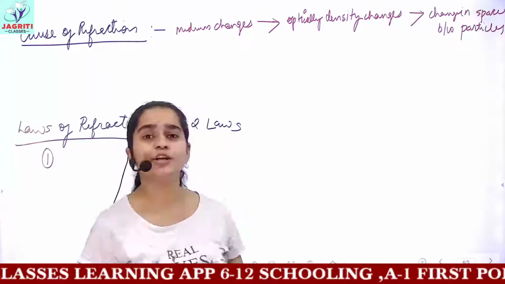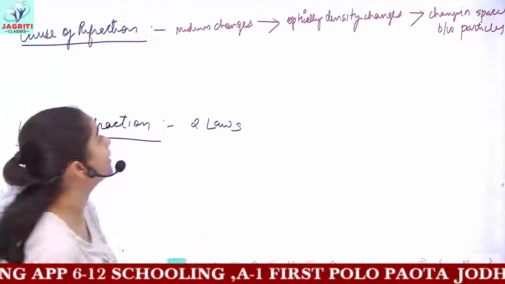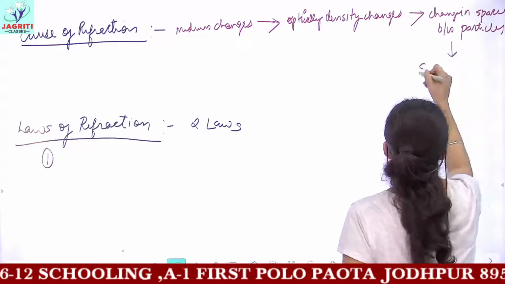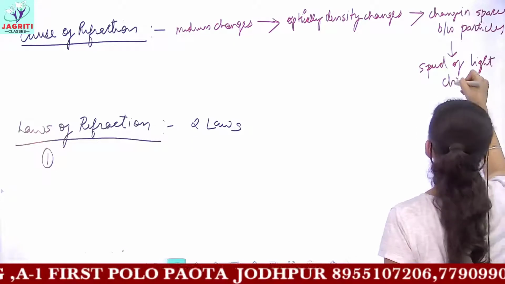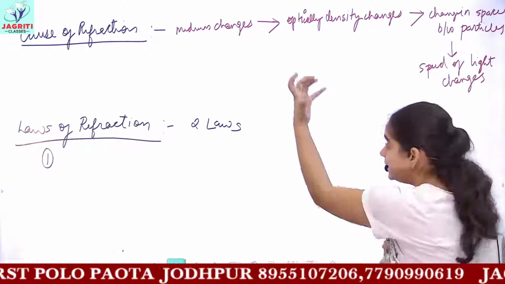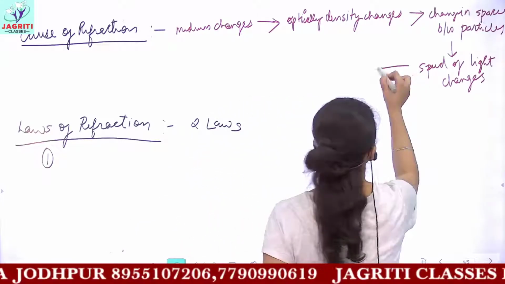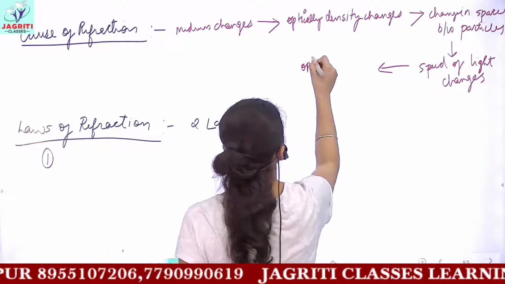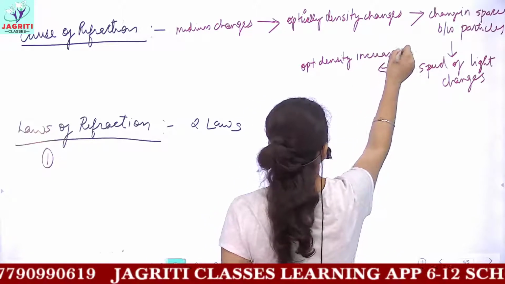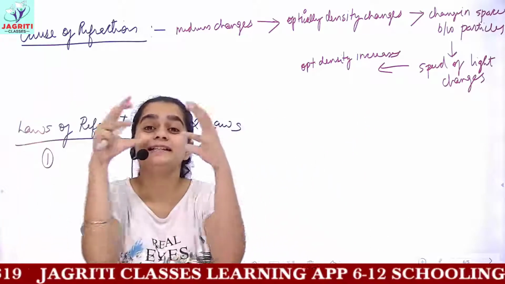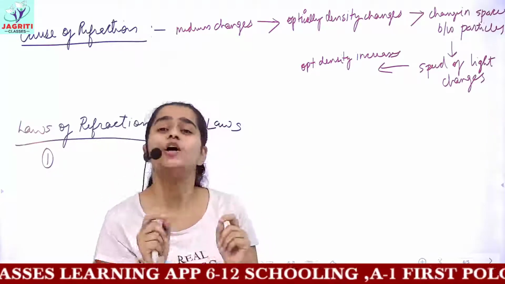And due to this change in intermolecular space, the speed of light is changing. That is, the speed at which the light ray travels in that particular medium gets changed. And how does this happen? Whenever the optical density of any medium increases, it means the particles are coming closer to each other. Now they have no space, or very little space, for the light to travel.